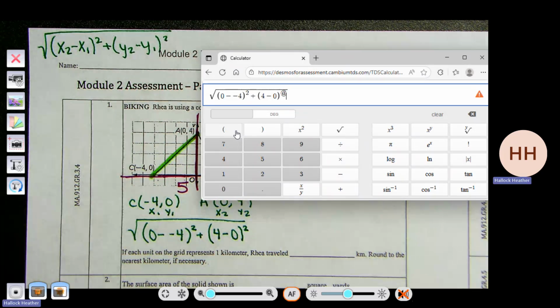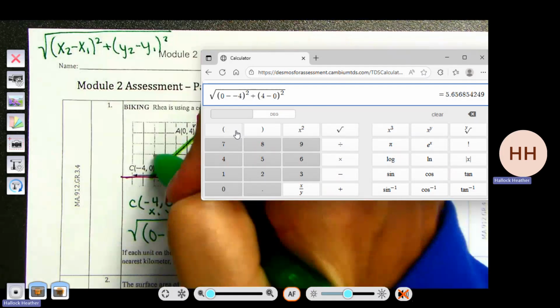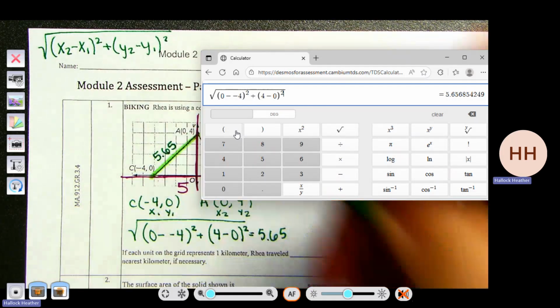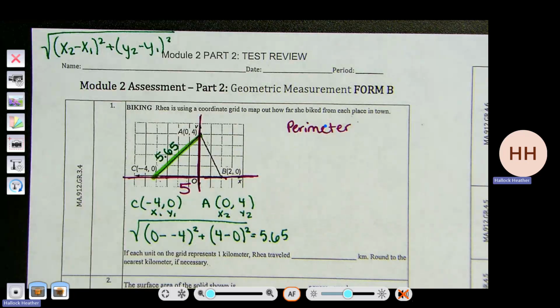I get 5.65. So 5.65. I'm going to do the same thing with the other side of my triangle because they are not the same, so I can't just match it.